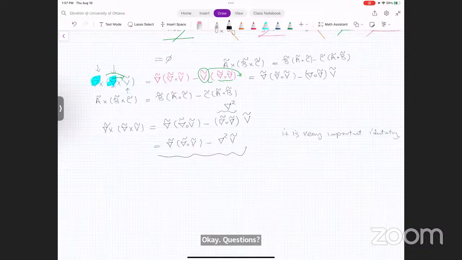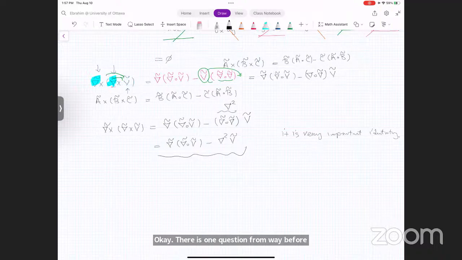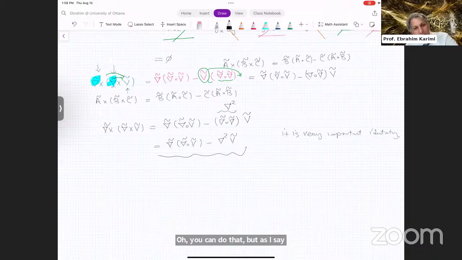Okay, there is one question from way before, about the loop you were considering for curl. Someone's asking, why didn't we use x naught plus dx and y naught plus dy for dA? Oh, you can do that, but as I mentioned previously, if you do this, you have to do the Taylor expansion twice, and then that term drops because you have a dx dy, another dy.